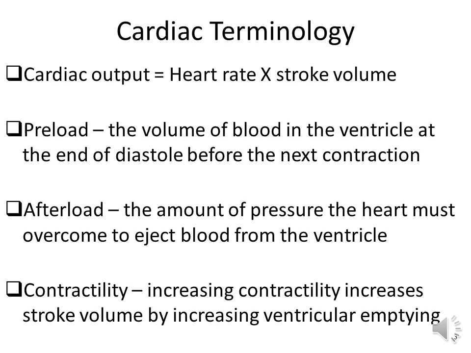If we have vasodilation, that will decrease the amount of blood returning to the heart because it'll stay in the body. So all of those things affect preload, and preload is the volume of blood that is in the ventricle, the volume of blood that has returned, venous return to the heart is another way to say it, and that affects cardiac output.